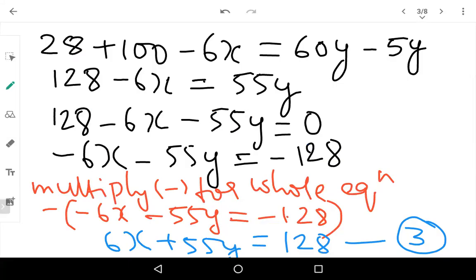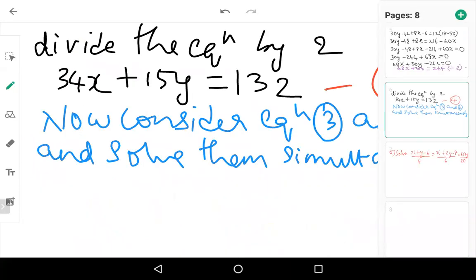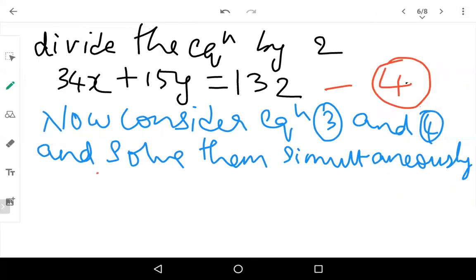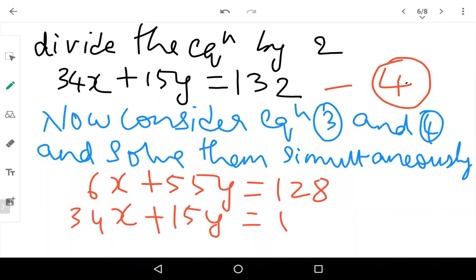So 6x plus 55y is equal to 128 is your equation 3, and equation 4 is 34x plus 15y is equal to 132. Fine. Now if we want to make x the same number, which number should we multiply?